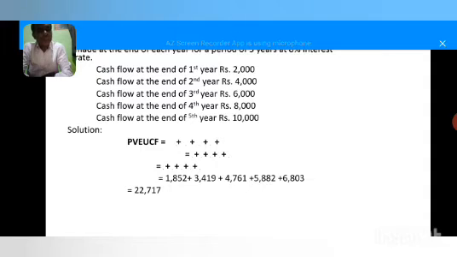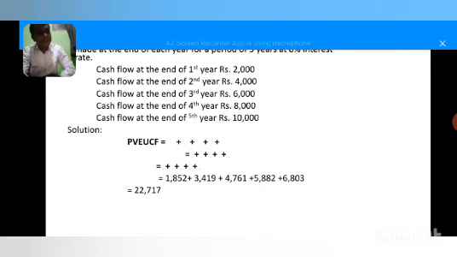So how to calculate the present value of uneven cash flow with the help of another problem. I am telling it very slowly, for writing purposes.